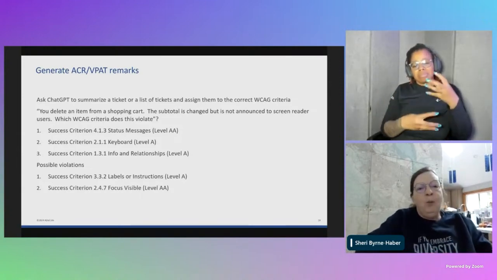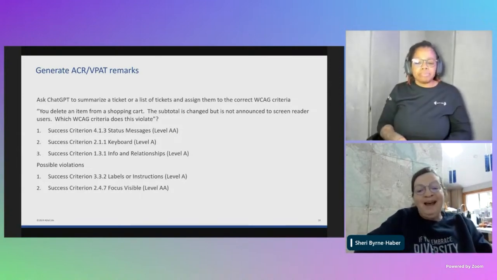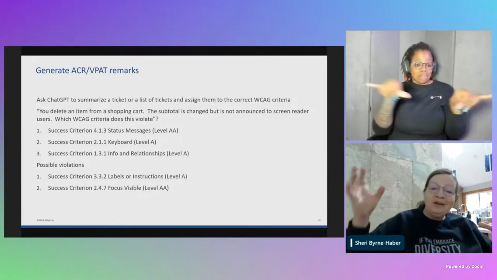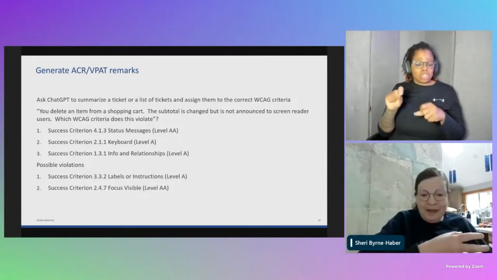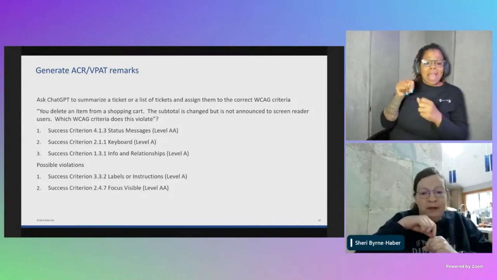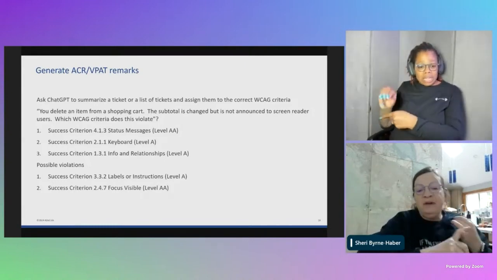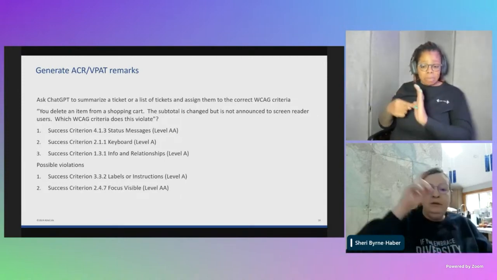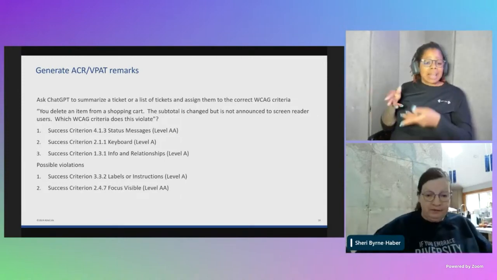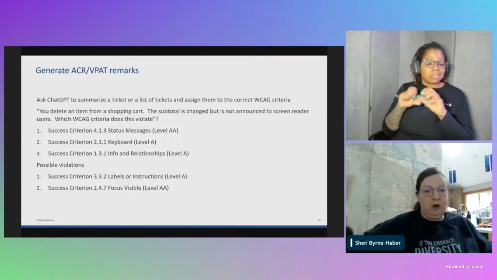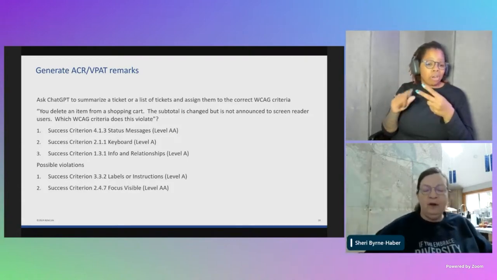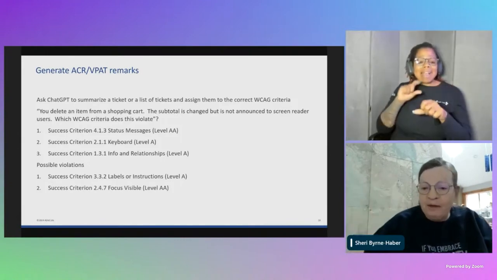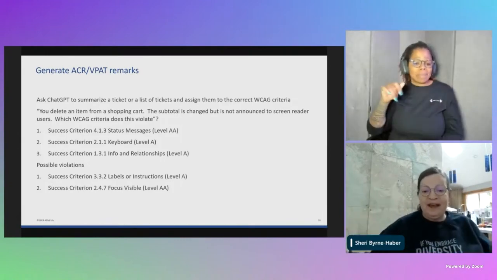Since the VPAT templates are standardized, you can actually feed the VPAT template into your local language model. You can feed all the WCAG criteria into your local language model. You let it access your ticketing system, whether it's Jira or Bugzilla or whatever, and then it can actually generate a VPAT for you based on the open defects.